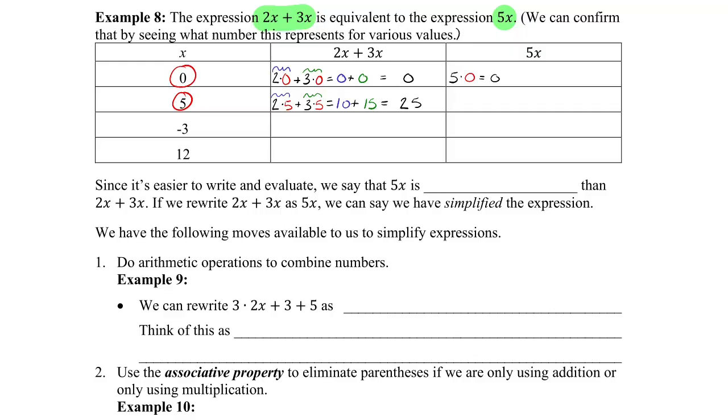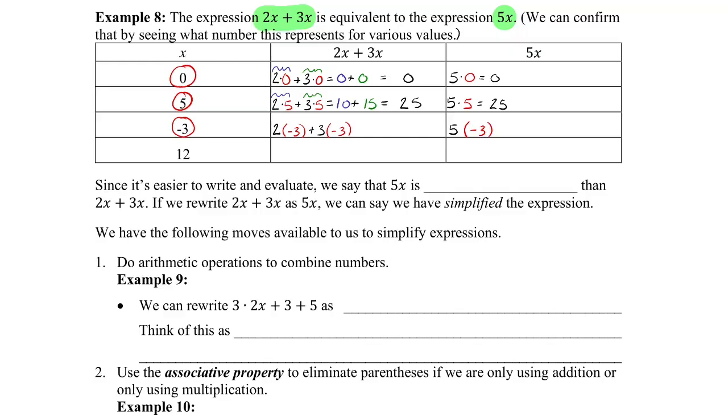For the second expression, we just need to take 5 times 5, and that equals 25. Okay, if x represents the number -3, then we'll have 2 times negative 3 plus 3 times negative 3 for the first expression. And we'll have 5 times negative 3 for the second.